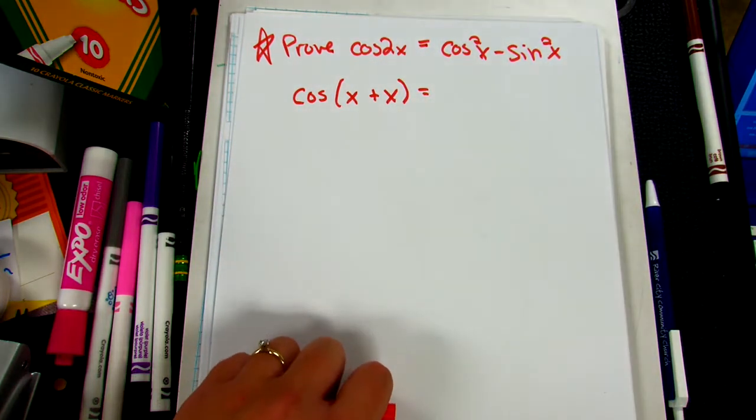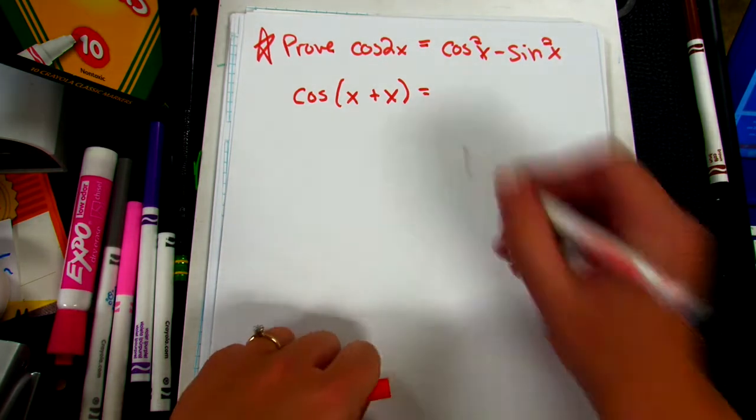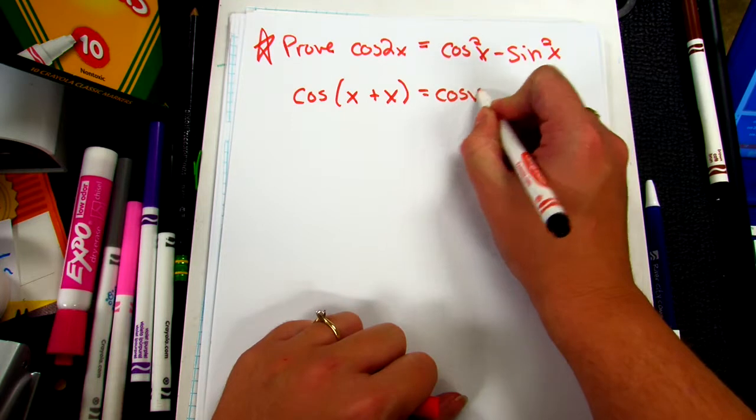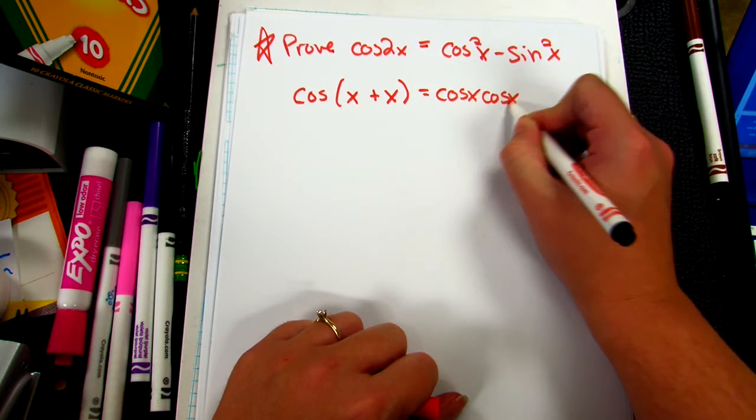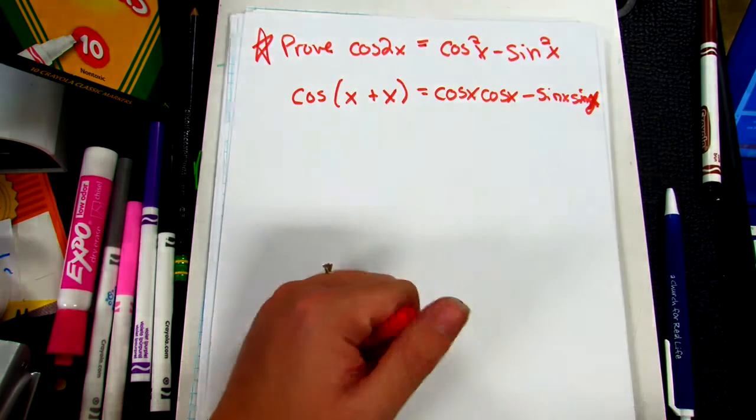So instead of cosine x, cosine y, we get to say cosine x, cosine x. Instead of sine x, sine y, we get to say sine x, sine x. We have x and an x.